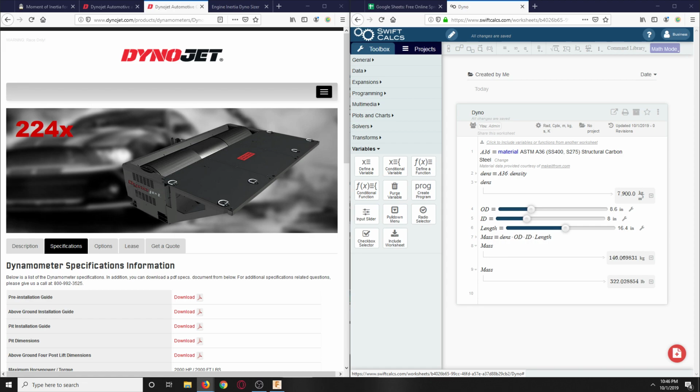So here we go. What does the number on the tire mean? You have P225, 45, R17. 17 is the rim size. The 225 is the width, right?